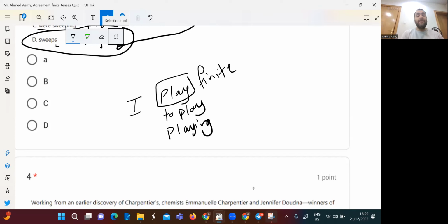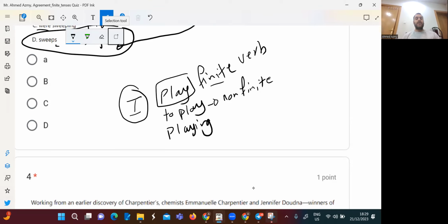If there is a to before the verb, it's not a verb. We call it a non-finite. It looks like a verb, but it's not a verb. I cannot say I to play because the subject needs a finite verb. To play and playing, they are not verbs, so we call them non-finite verbs. You're welcome.